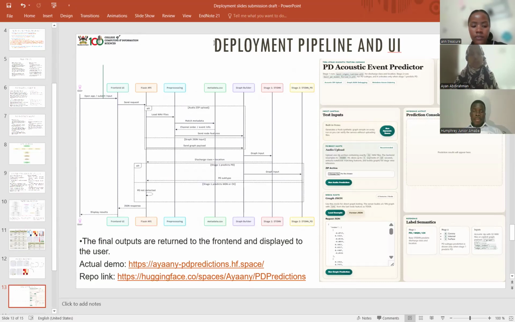The next major component we have is the preprocessing module. This is very important because the model does not directly take in raw sounds as inputs. Instead, the raw audio must first be converted into numerical graph features. At the end of the day, it will form for us an 8-feature representation, which we got from all the different channels.